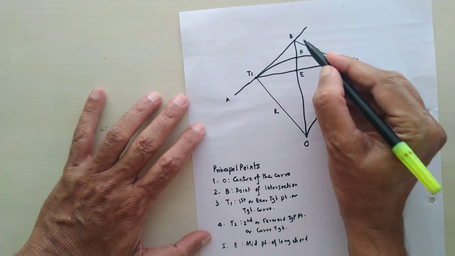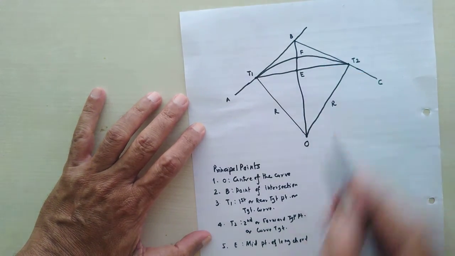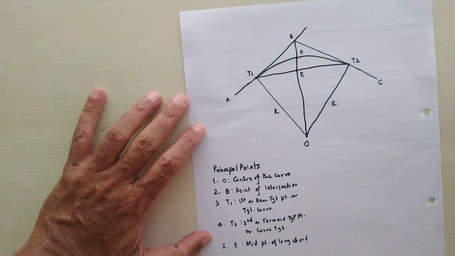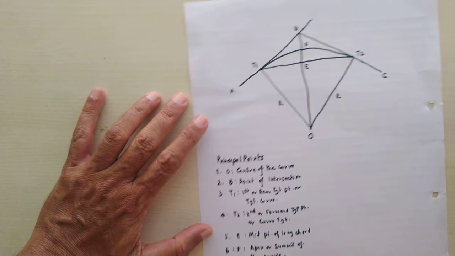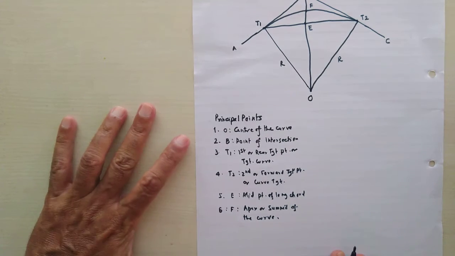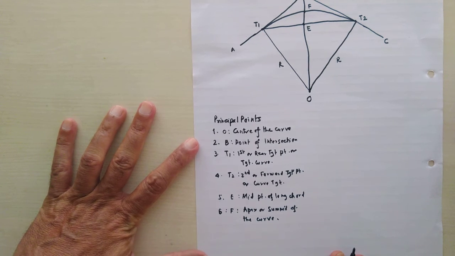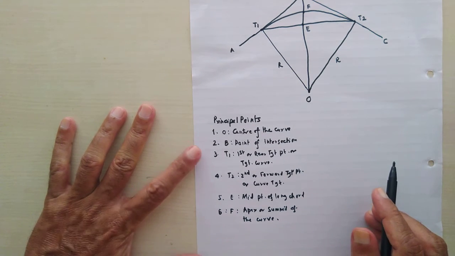And the last principal point is this F. It is known as the apex. The sixth principal point is known as the apex or summit of the curve. So these are 6 important principal points for the curve.